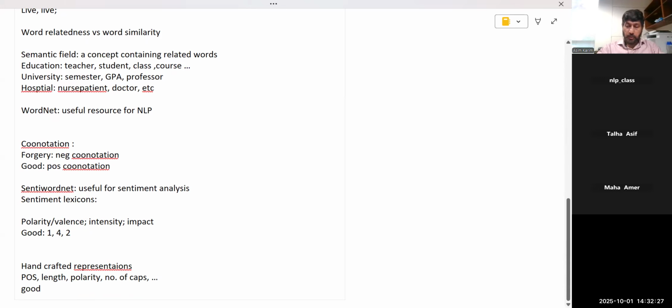सो फॉर एग्जाम्पल जब हम गुड की बात करेंगे तो पीओएस इसका क्या होगा? गुड इज बेसिकली एडजेक्टिव. ठीक है? लेंथ ऑफ कोर्स 4 कैरेक्टर्स है. पोलैरिटी 1 है. नंबर ऑफ कैप्स इन दिस केस इज 0 एंड सो ऑन.